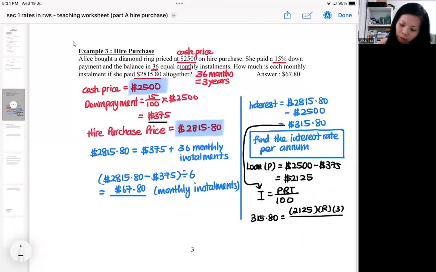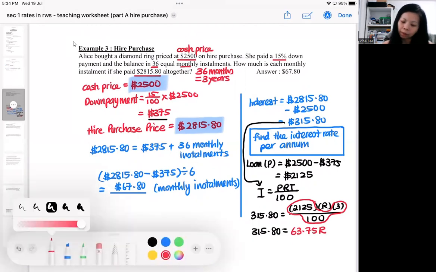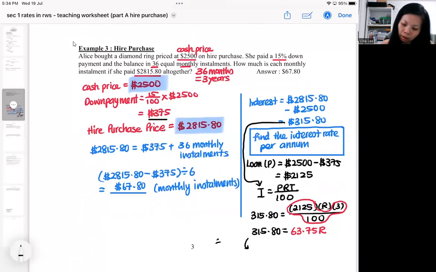So you plug into the formula. Do it like an algebra equation. You can punch all this on your calculator. 2125 times 3 divided by 100 gives you 63.75 R. So in order to get the R, you divide by 63.75 on both sides.